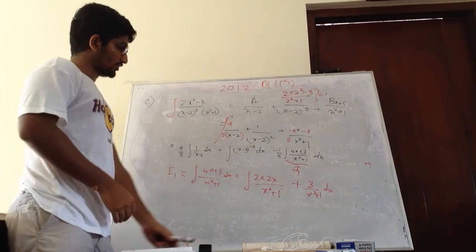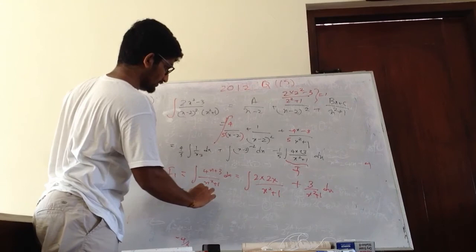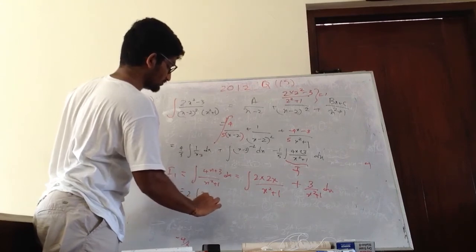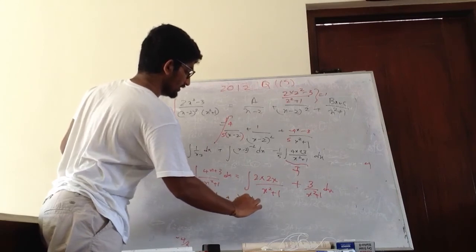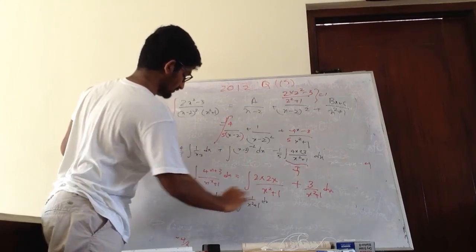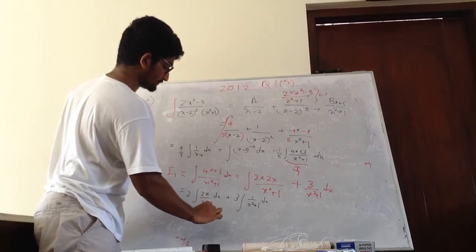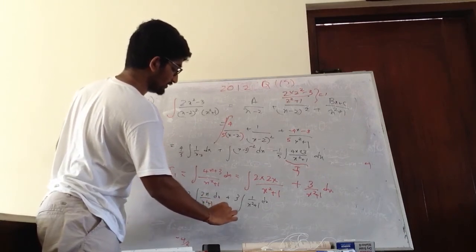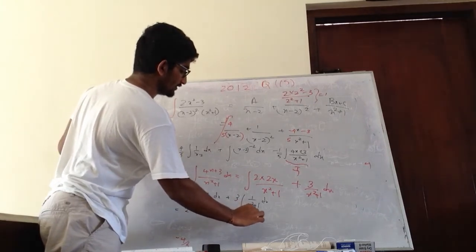Right? So now I am going to take 2 here, 2x over x squared plus 1 dx plus 3 over x squared plus 1 dx. So this is going to be 2 times ln of x squared plus 1. This is going to be 3 tan inverse x.